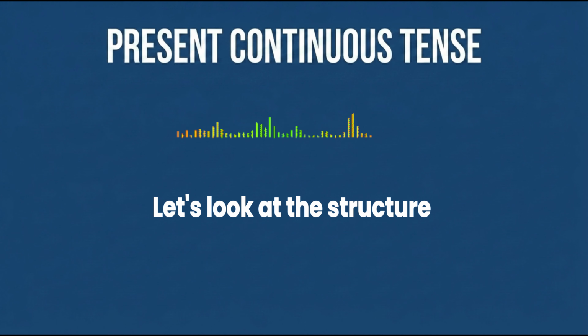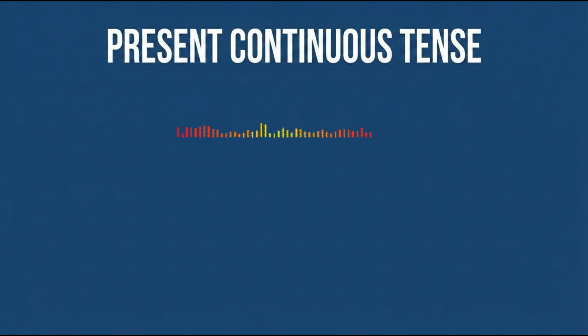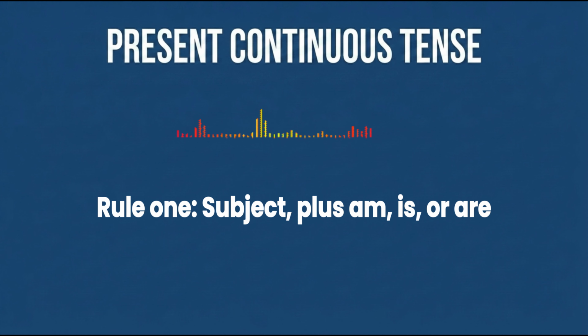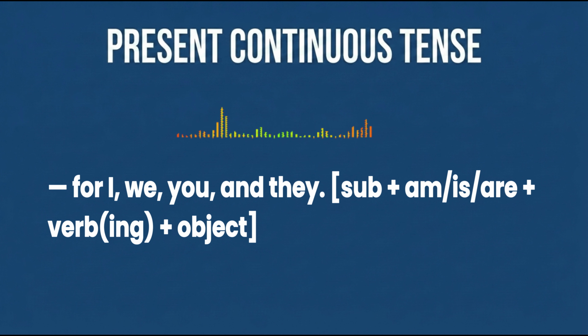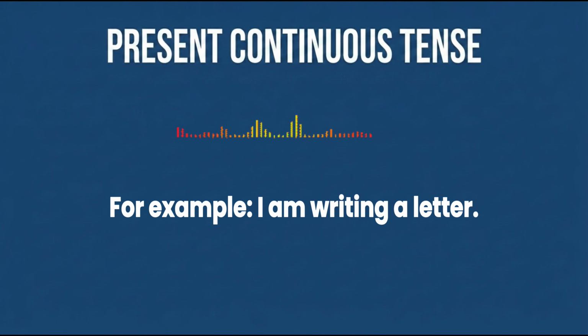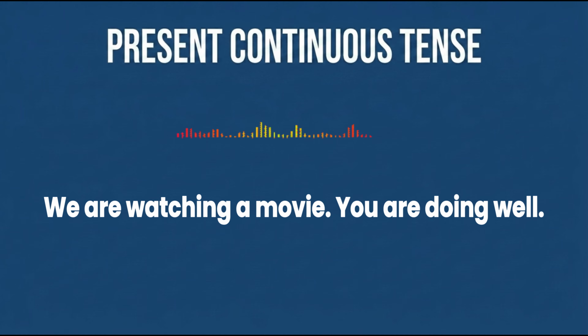Let's look at the structure in the simplest way possible. Rule 1. Subject plus am, is, or are plus verb with ing plus object for I, we, you, and they. For example, I am writing a letter. We are watching a movie.